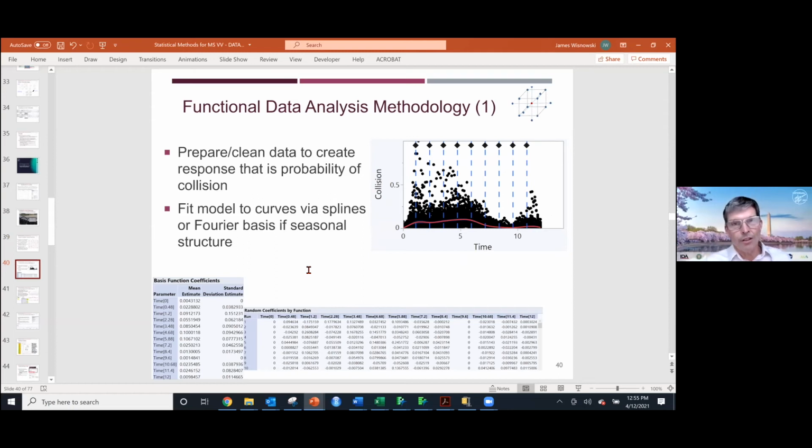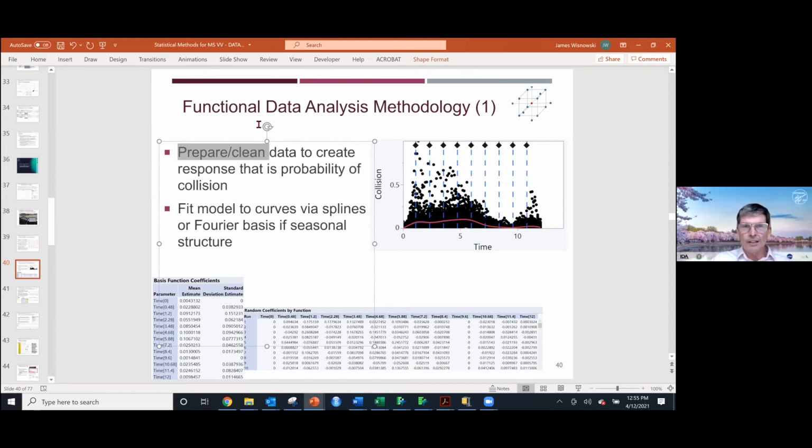Fortunately, there is a technique called functional data analysis, and there are a few steps in there. First, not uncommon to any analysis, you have to do your preparation and cleaning of the data, just to make sure that all of your probabilities are between 0 and 1 and everything is standardized and you're ready to do your work.